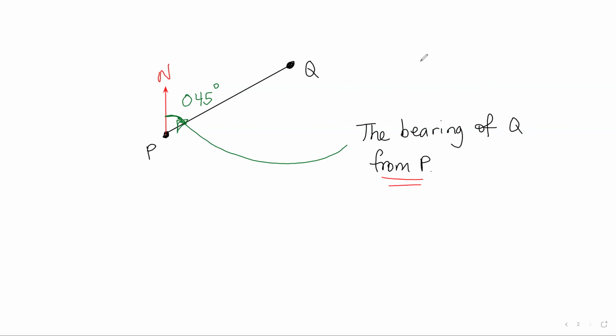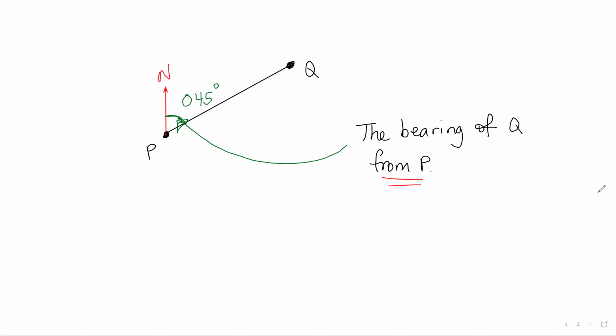Misha, do you understand what a bearing is so far? Yes, miss. Tristan? Yes, miss. And Zach. Zach, are you there? Where is Zach? Yeah, miss, sorry. Okay, good.